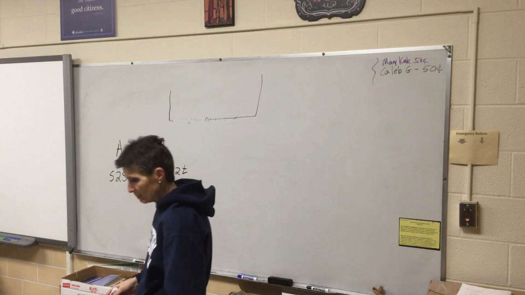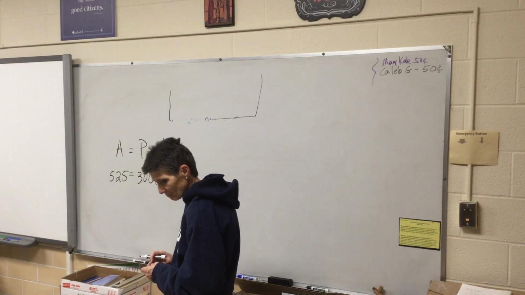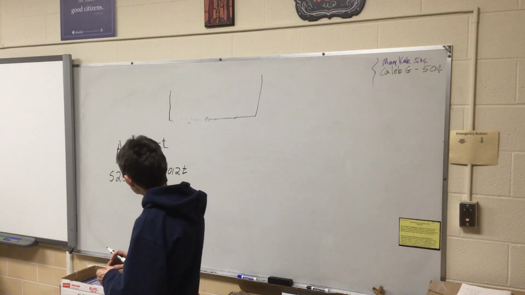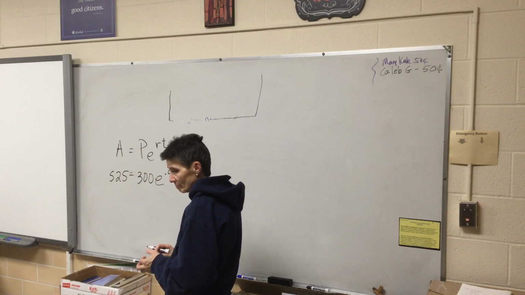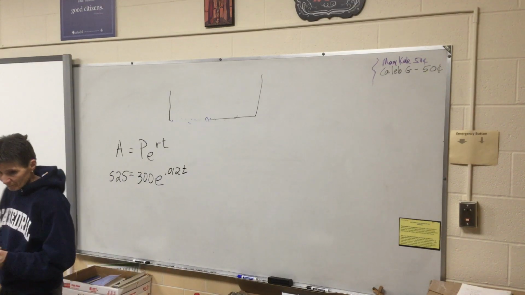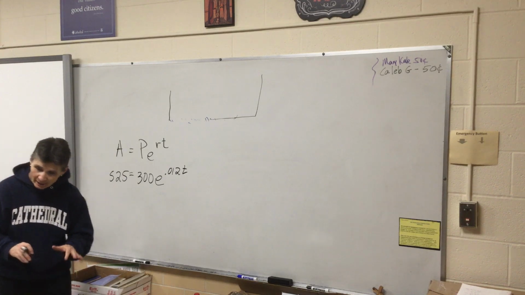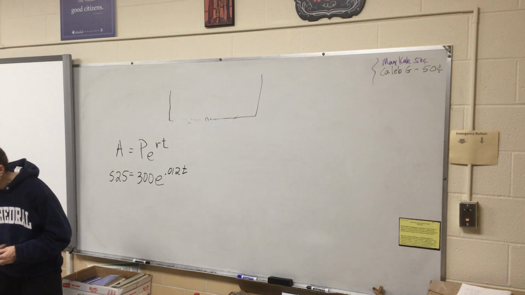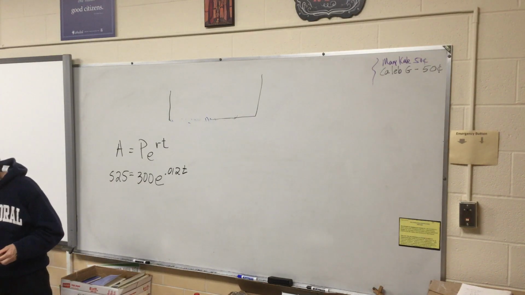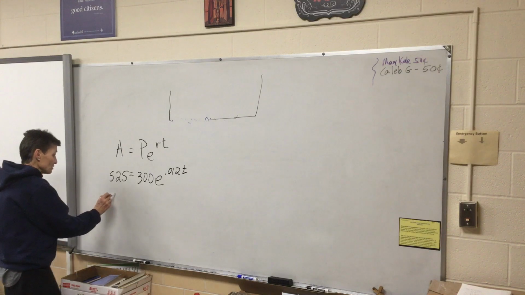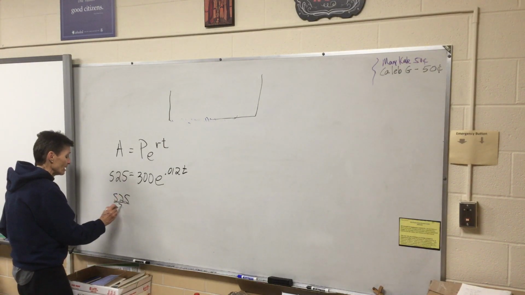And T is my variable, right? Yep. Wait, we gotta do something before we start. What's step 1 here on this problem? Will we divide by 300? Mm-hmm. So we got 525 over 300.